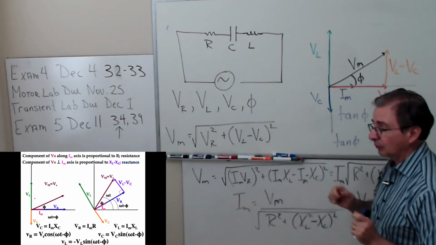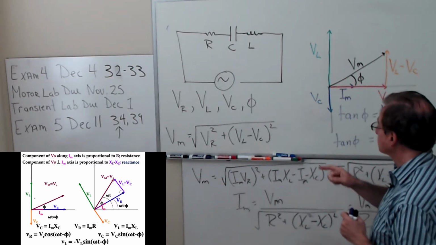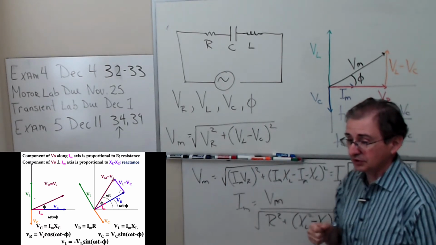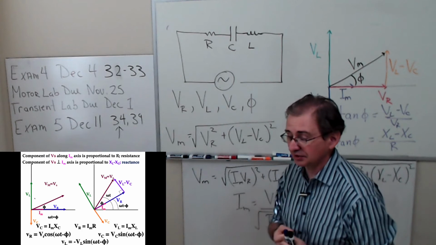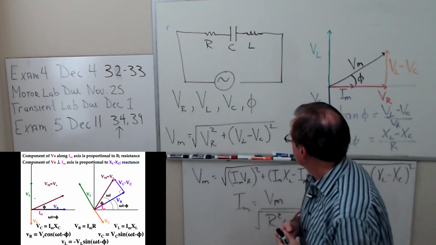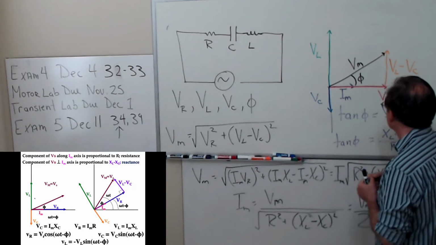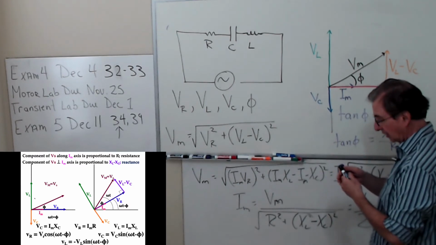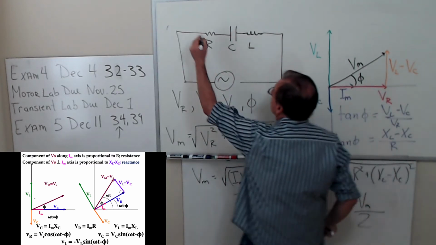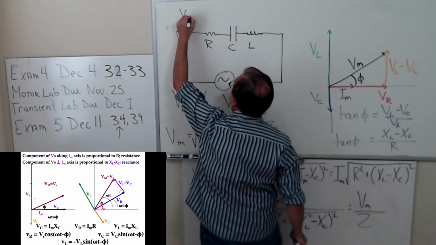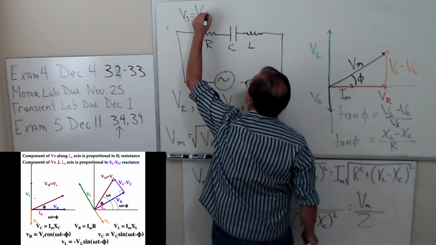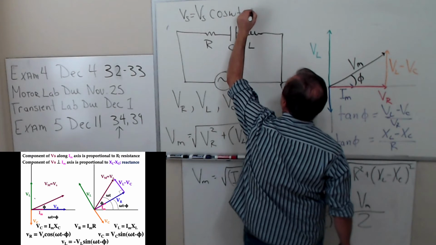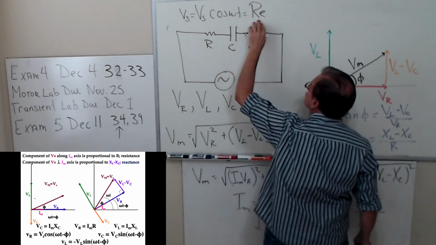If I were to express my power supply voltage in terms of complex exponentials, then the component along the x-axis represents the real part. In other words, I can represent this in the following way. This means real.